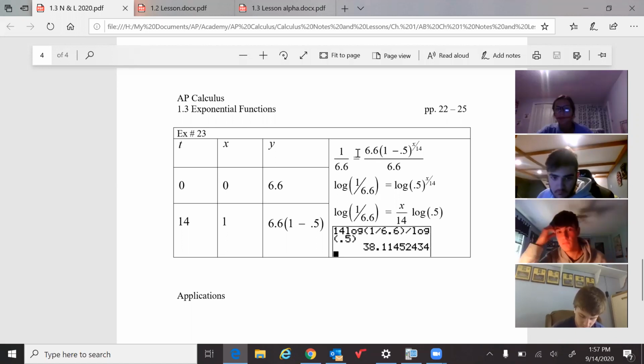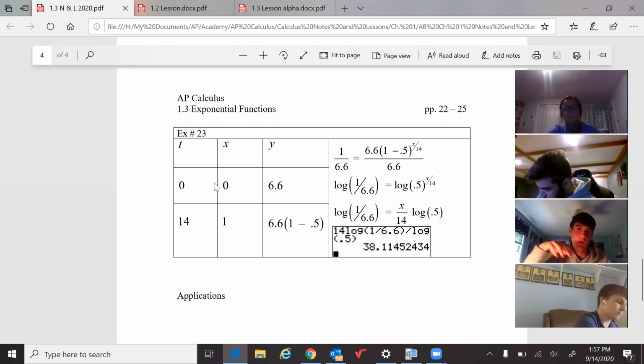So I have y equals 6 6/10 times 1/2 to the x divided by 14, because that'll expand this middle column by a factor of 14. And your t-chart would be the end columns, so it goes from 6.6 to 3.3. I want to know when it goes down to 1, so you set y equal to 1.